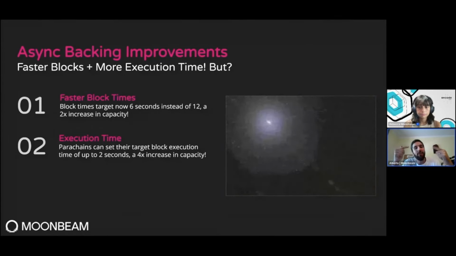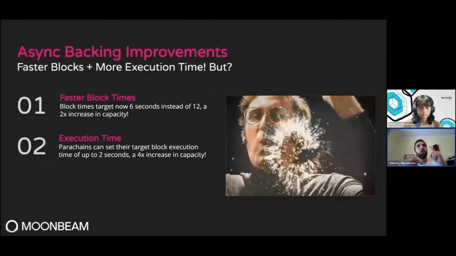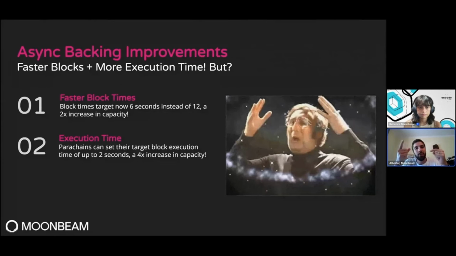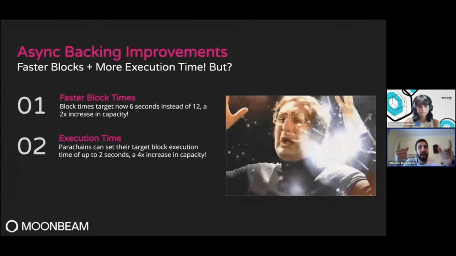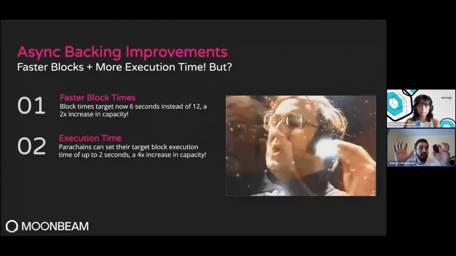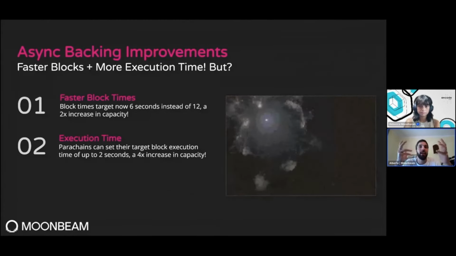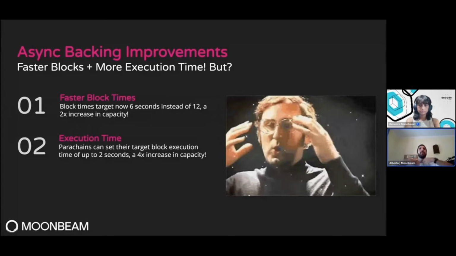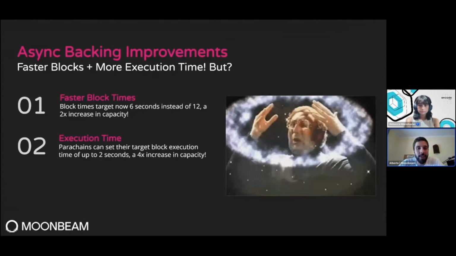That means a 4x increase in capacity. So we have 2x because of faster block times, and 4x because of the execution time, which theoretically means 8 times more capacity from a transactions per second perspective. That's in a very theoretical, mathematical, perfect world, okay?